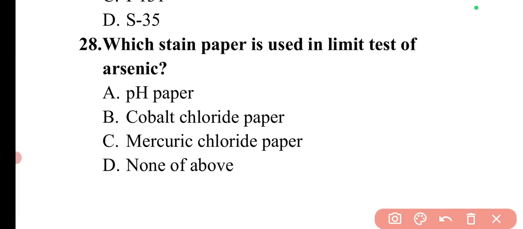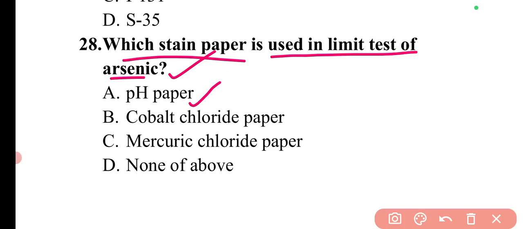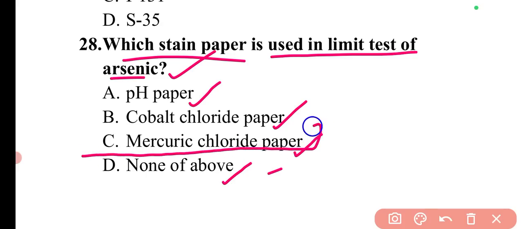Next question is, which stain paper is used in limit test of arsenic? Options are pH paper, cobalt chloride paper, mercuric chloride paper, or none of the above. And the correct answer is option number C, mercuric chloride paper.